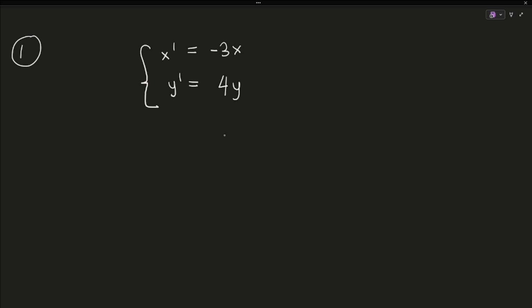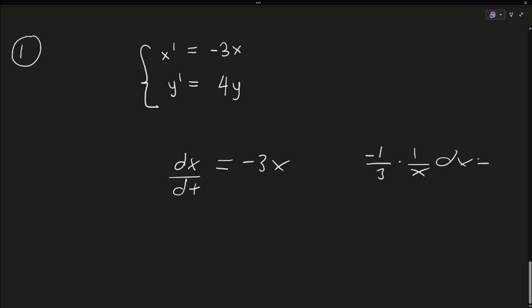So first of all, we know that x prime equals negative 3x, so I'm going to write that in Leibniz notation, dx over dt equals negative 3x. This implies that negative 1 over 3 times 1 over x dx equals dt. So we will take the integral on both sides.